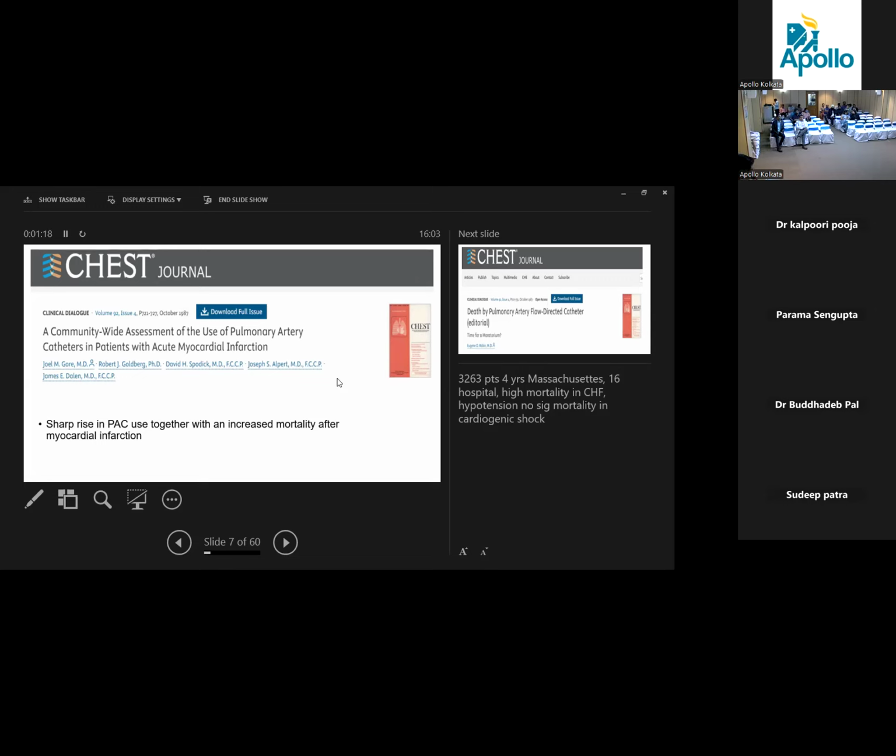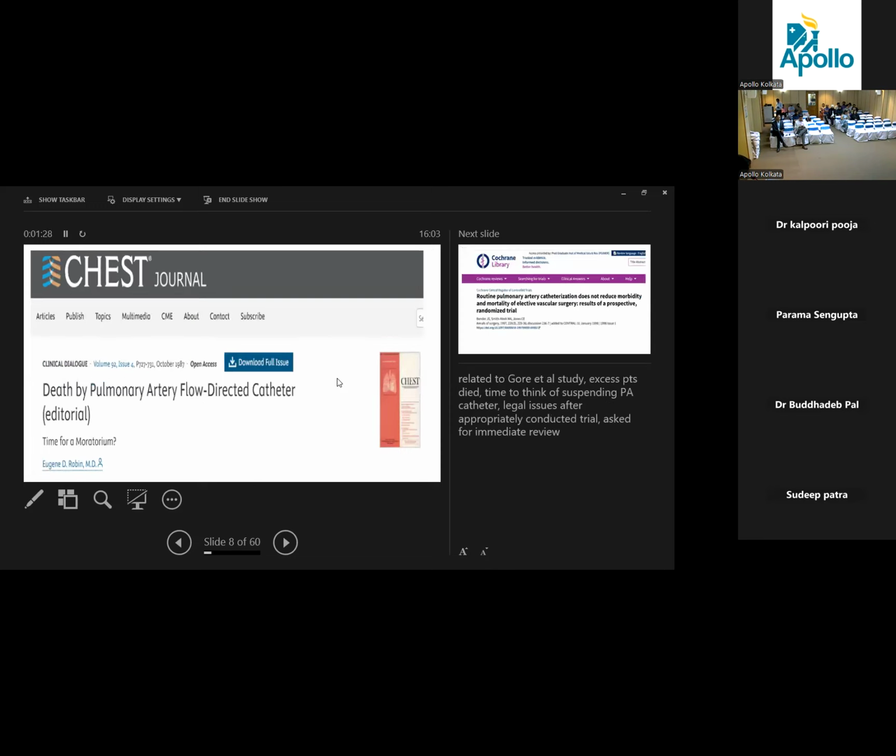It studied the mortality associated with the PA catheter and revealed that mortality was higher in patients in whom a PA catheter was used. This was taken seriously, and an immediate recommendation was advised to rethink the use of the PA catheter in critically ill as well as perioperative patients.